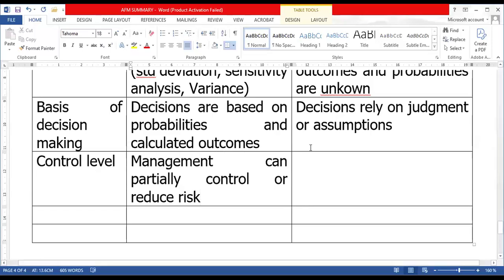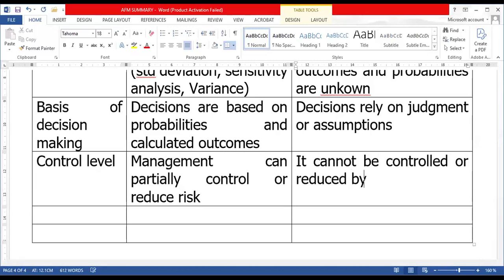But when it comes to uncertainty, it cannot be controlled or reduced by management. It is not within your control, but risk is within your control. You can at least reduce or control it. You get?